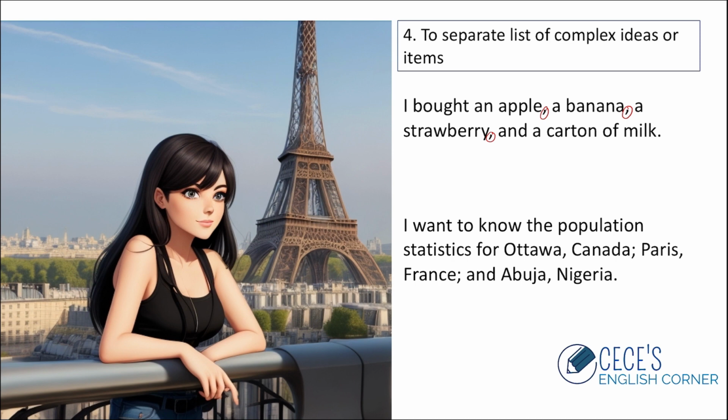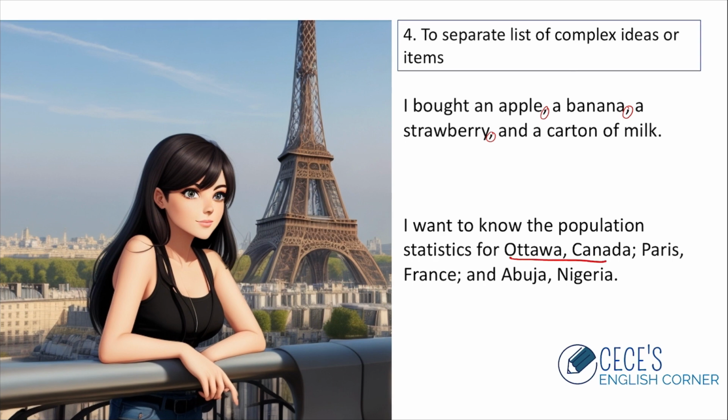For example, I want to know the population statistics for Ottawa, Canada; Paris, France; and Abuja, Nigeria. Each item in this list contains a comma. The items are Ottawa, Canada, that's one item; Paris, France, that's another item; and Abuja, Nigeria, that's the third item. It's much simpler to separate these items by semicolons rather than by commas.